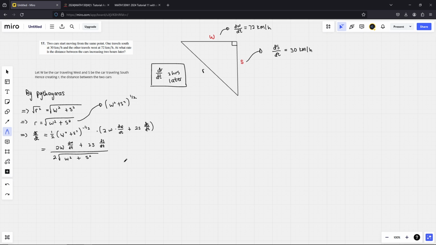So now all we have to do is just plug in what we have. Well, actually what we don't have yet is the exact value of w and s. Well, we know that the cars traveling are denoted by those variables, but we don't actually know what they are, because we know how fast they're changing, but we don't know what they are.